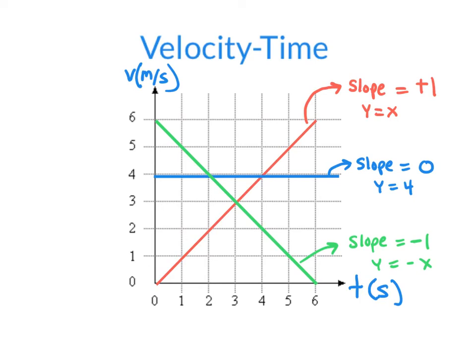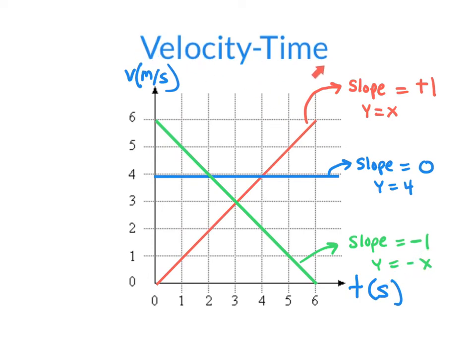So if we go back to our familiar three lines that we looked at originally, you understand what this line is in math because it has a slope of 0 and it's basically y equals 4. And you understand what this red line looks like because that has a slope of positive 1, y equals x. Likewise, the green line has a slope of negative 1 and y equals minus x.